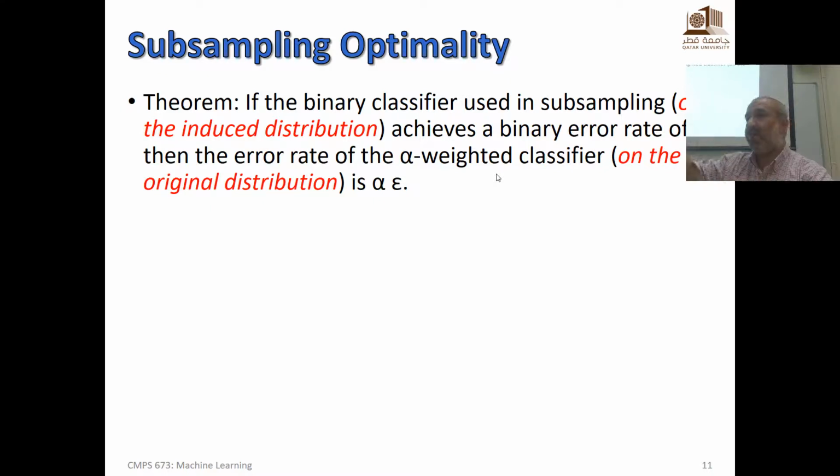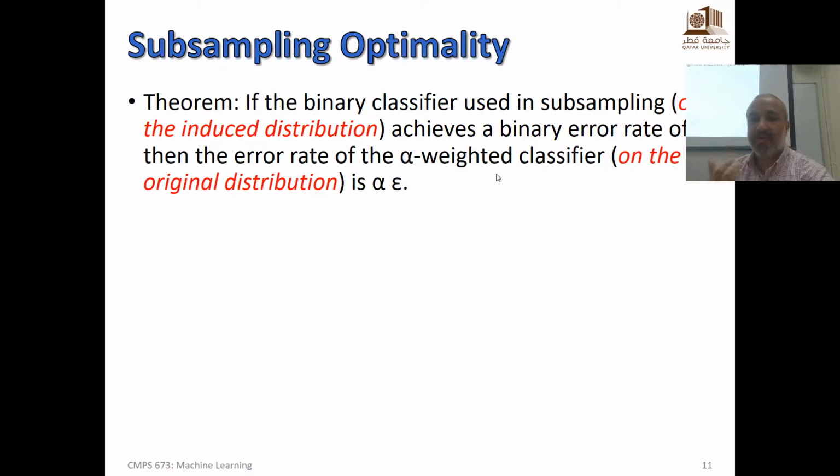That's because every single positive example is now like alpha times the negative example, whether with subsampling or oversampling, and thus the error is much more severe.